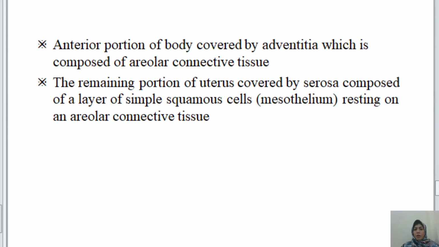The anterior portion of the body is covered by adventitia, which is composed of areolar connective tissue, and the remaining portion of the uterus is covered by serosa, composed of a layer of simple squamous cells or mesothelium resting on an areolar connective tissue.